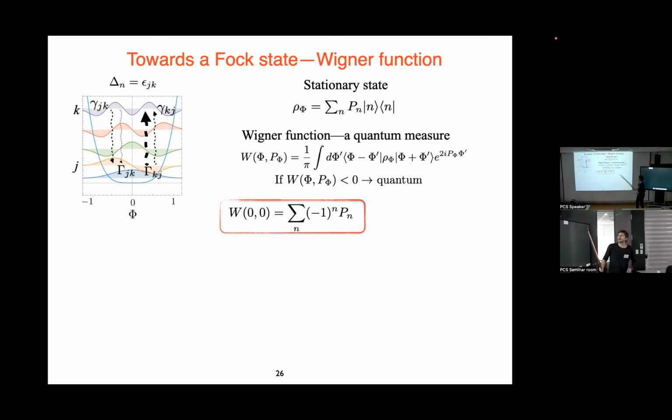So, and again, the stationary state is the same, and we need some measure to define quantumness. And one measure that in the literature, at least of quantum optics, is the Wigner function. In classical physics we describe the probability distribution in the phase space, and that's always positive.